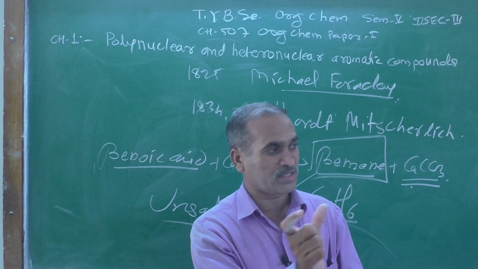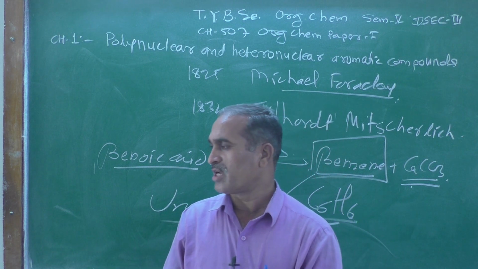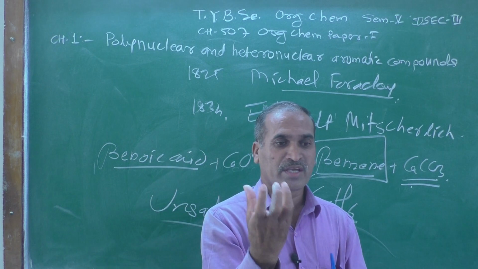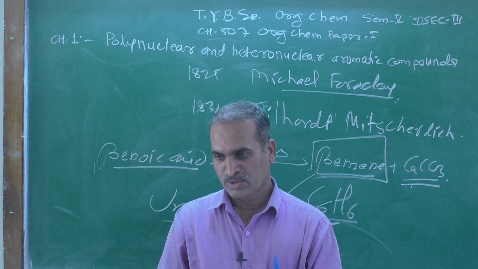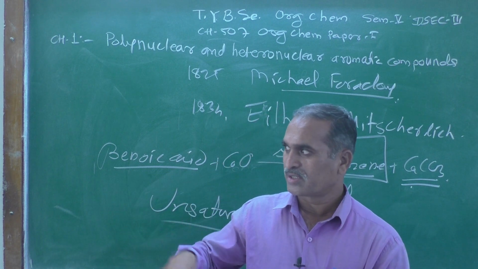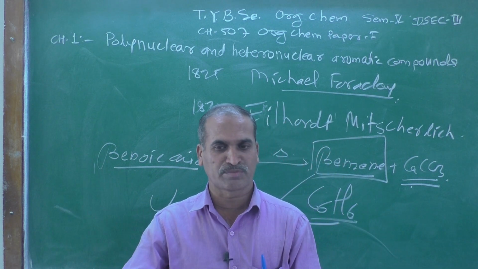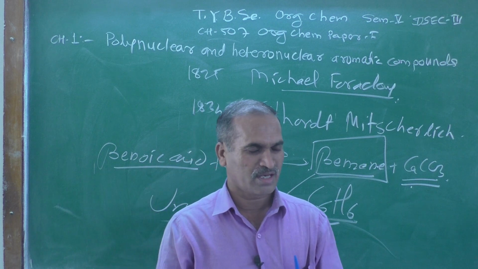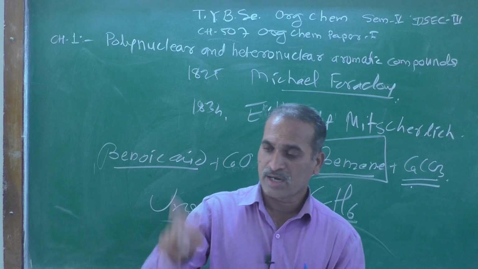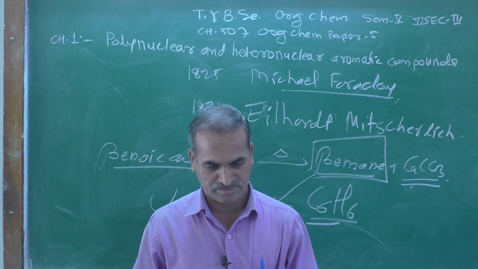Another test is called the Baeyer test, and the reagent used is potassium permanganate, which is pink in color. When it is added to that solution or mixture, if the solution becomes colorless or some other color, it clearly indicates that the given compound is unsaturated in nature.